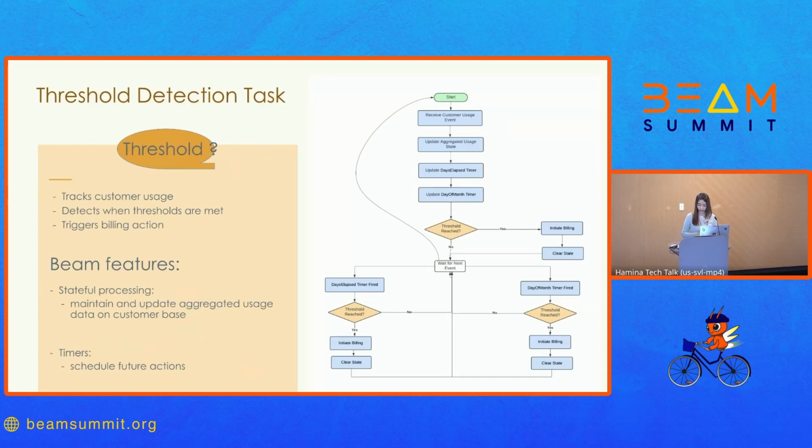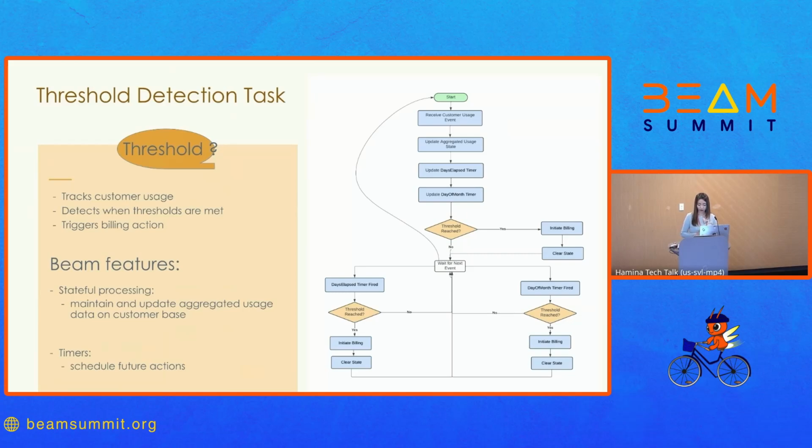Beam provides two key features that make this possible: stateful processing and timers. Stateful processing allows us to maintain and update aggregated usage data on a customer basis. When new usage comes into our system, we update the aggregated usage state, which is managed and persisted for us.